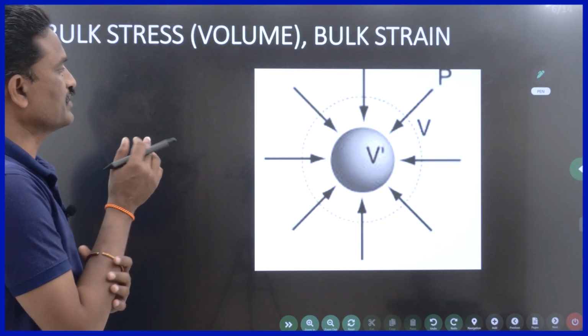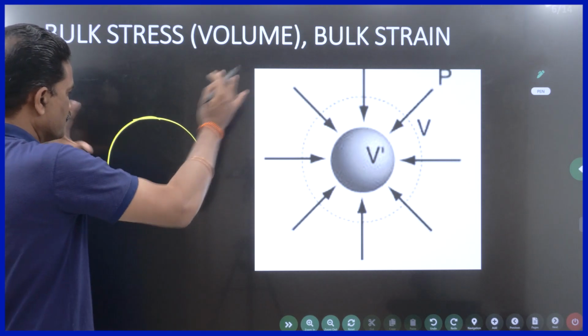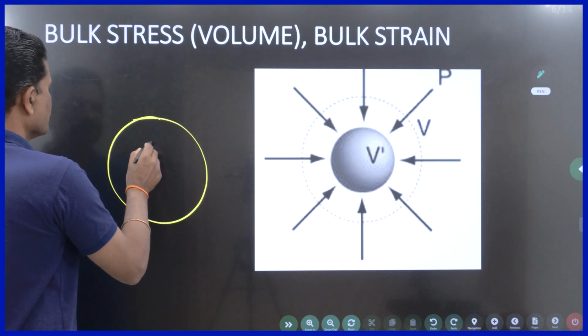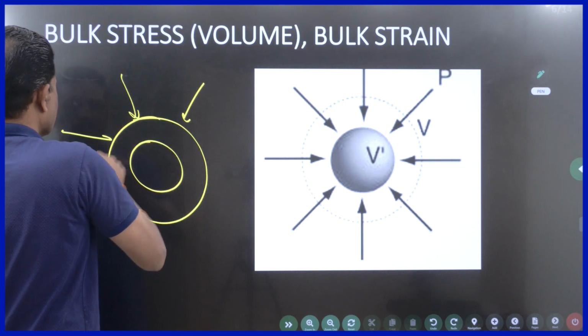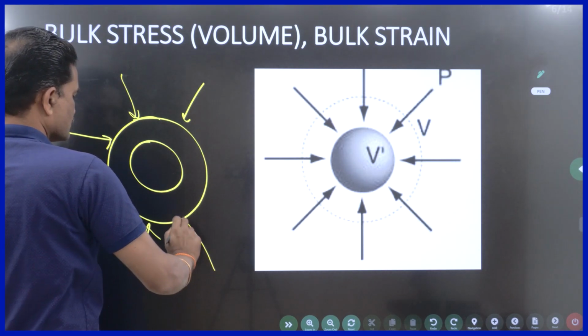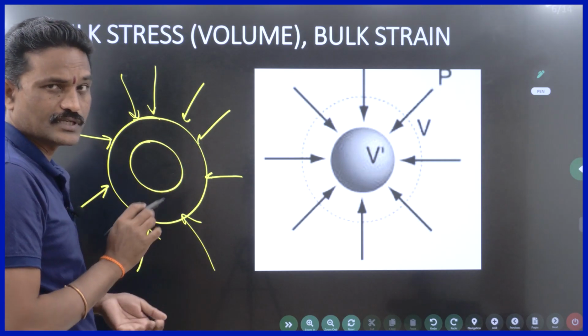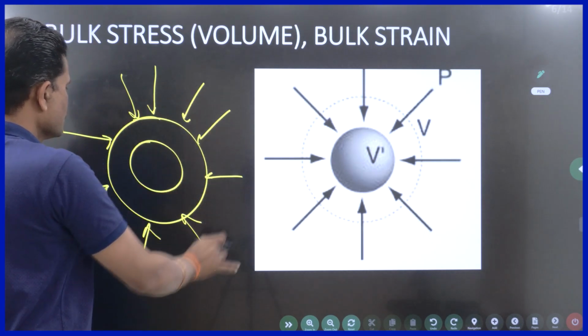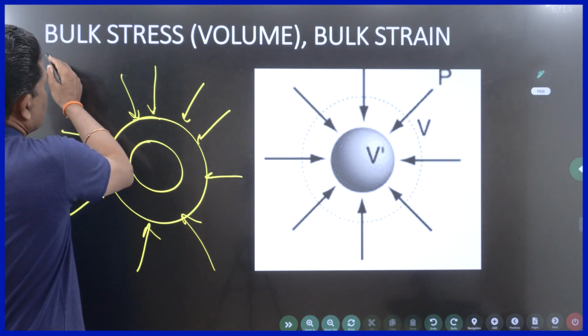So what do you mean by bulk stress? Just now I gave the example of the ball, same ball, you apply force. So when you apply force, its volume decreases. I am applying force such that there is a change in its volume. So bulk means whole object. Its volume is changing. So this force divided by the surface area of the ball is called bulk stress.